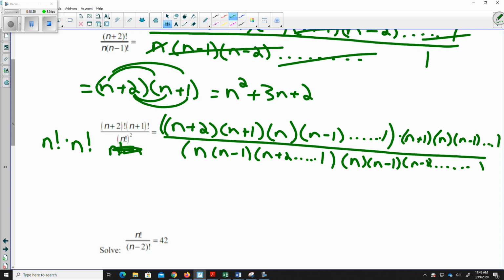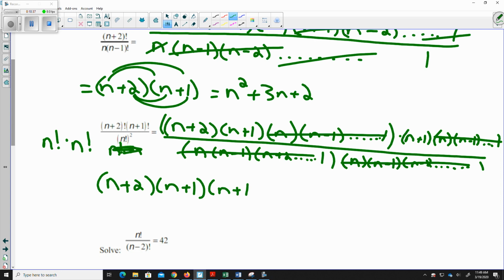So, all right, let's see what I can cancel out. This is all the same as that. And this is all the same as that. So now what I'm left with is like so. And we'll leave that one there. Don't worry about doing the distribution. You could though, right? We know that this part here is just n squared plus 3n plus 2.